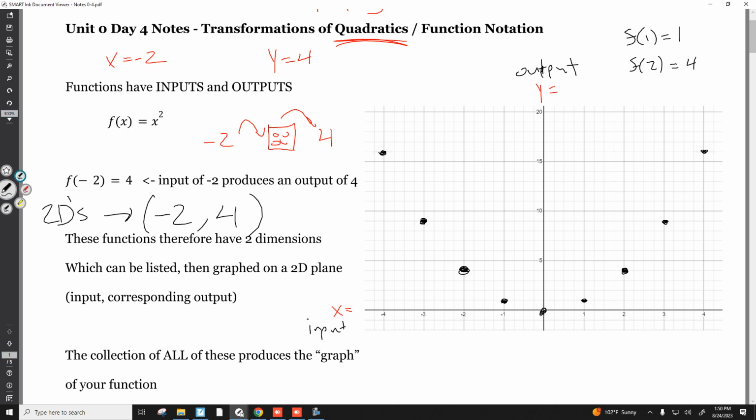Did anybody mention any other connected pairs of numbers besides -4, 16, -3, 9, -2, 4, -1, 1, 0, 0, 1, 1, 2, 4, 3, 9, 4, 16? Did anybody talk about any others? Figure it out. Give me some more with your team. What are some other inputs that are connected to outputs besides those that we have there?